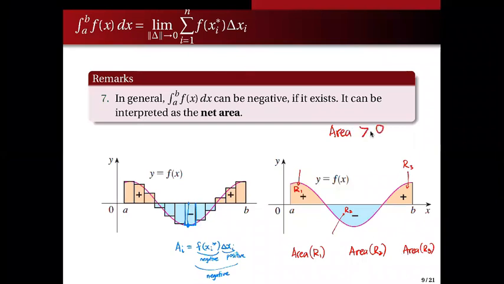But since region 2 here is below the x-axis, you have that minus in here. Region 1 is above the x-axis, so that's plus here. Region 3 is also above the x-axis. That's plus in here.